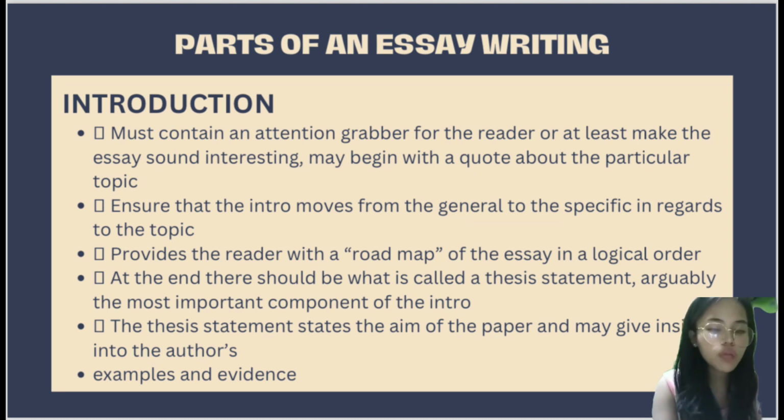It can be written in the form of a question, or it can be written in the form of a declarative sentence. Then we need to include background information. We just need a little bit of background information about your essay. And then the thesis statement. A thesis statement is simply your topic or main idea of what your essay is going to be about.